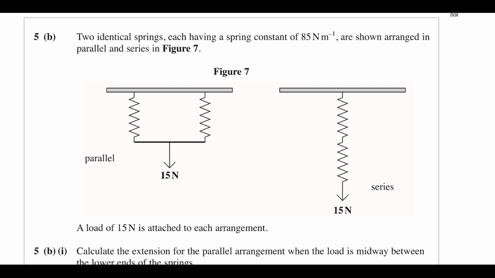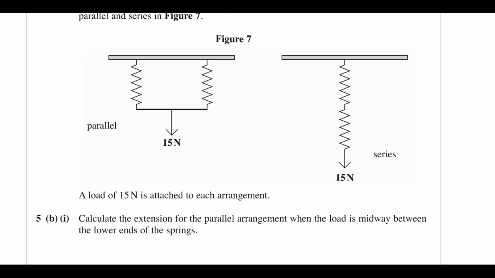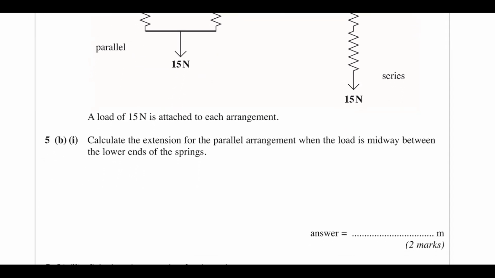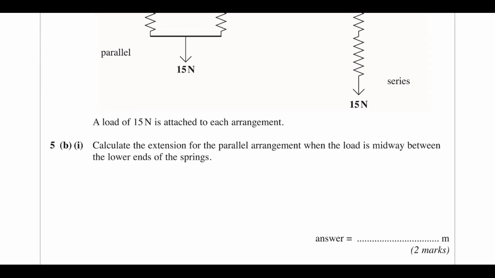We've got two identical springs, and each of them has a spring constant of 85. We've got two configurations, series and parallel, but the same load in each case. Calculate the extension for the parallel arrangement.